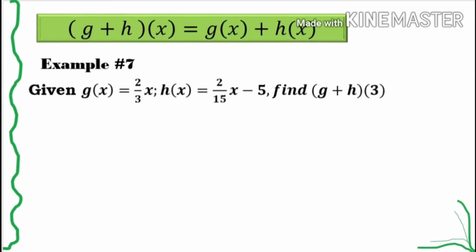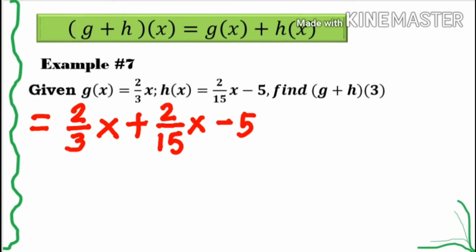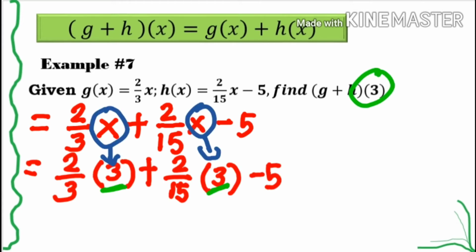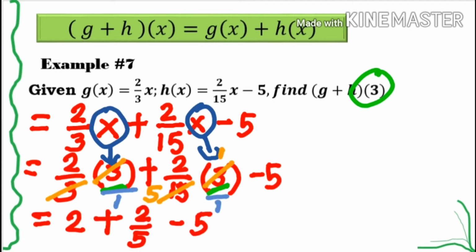Example number 7, given g of x equals 2 third x, h of x equals 2 over 15x minus 5, find g plus h of 3. Okay, substitute the given to the formula, and then also you can substitute the value of x, which is 3. So 2 third times 3 is 2, plus 2 over 15 times 3 is 2 fifth, minus 5.